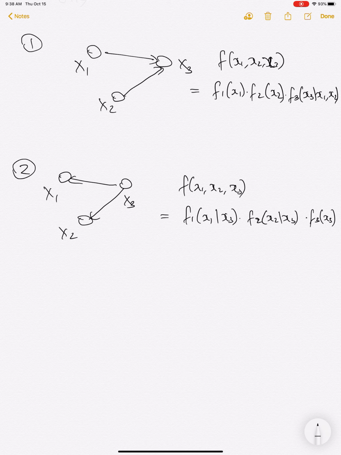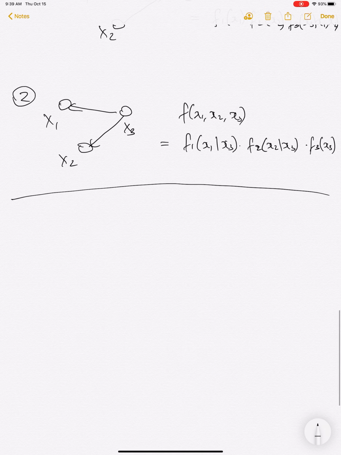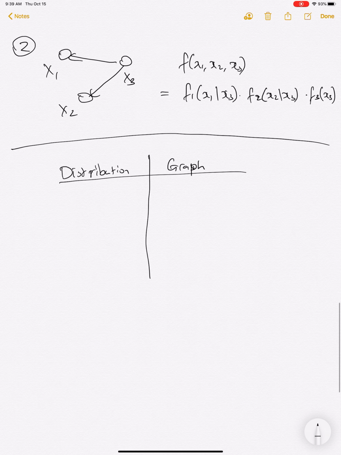So one thing to always bear in mind when we're talking about graphical models is that there are really two parts to think about: the distribution, and then the graph. The distribution, for any multivariate distribution, has this form, and for any graph, it is just a set of vertices, which are the random variables, and a set of edges.